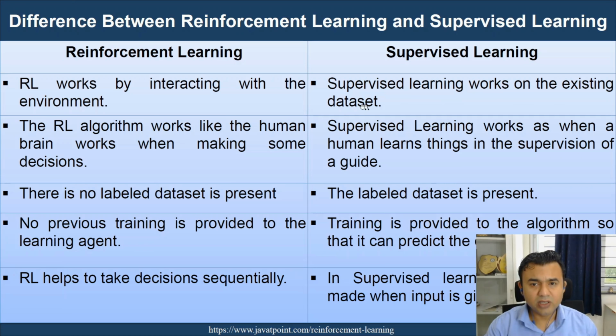Reinforcement learning algorithms work like a human brain, by making decisions, trying, failing, succeeding, and supervised learning works as when a human learns under the supervision of a guide.